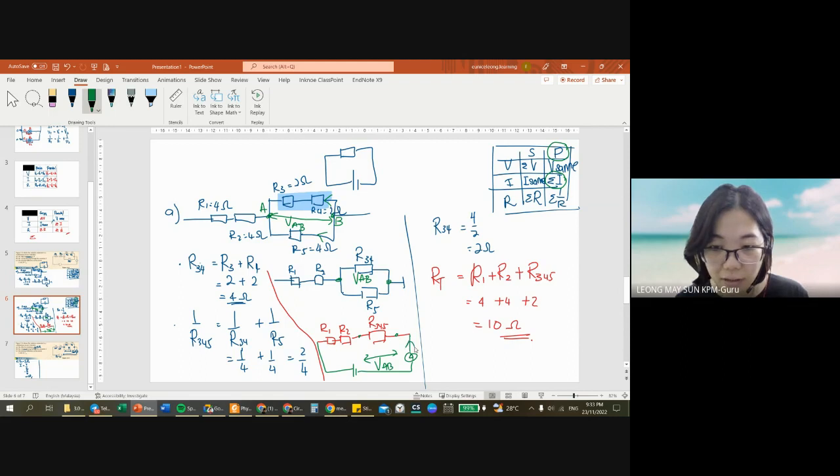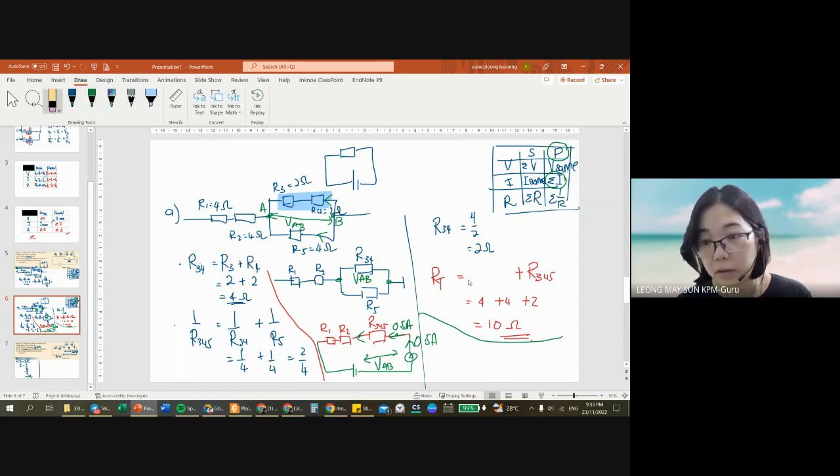The current we calculated just now, 0.5 ampere, passes through here at 0.5 ampere. Across R345, R2, and R1, it is all 0.5 ampere.